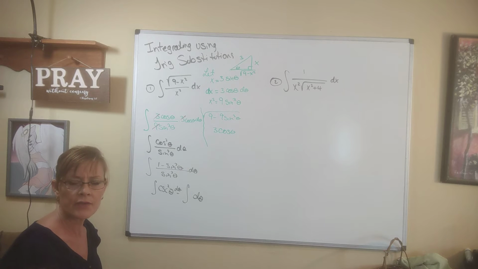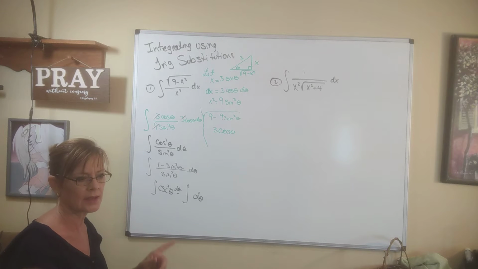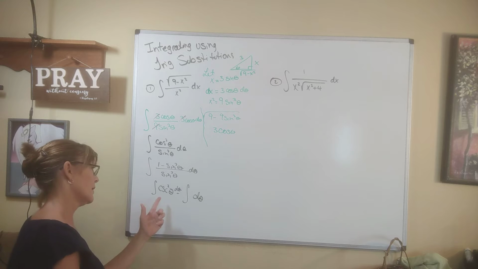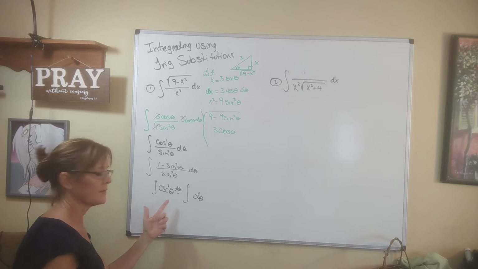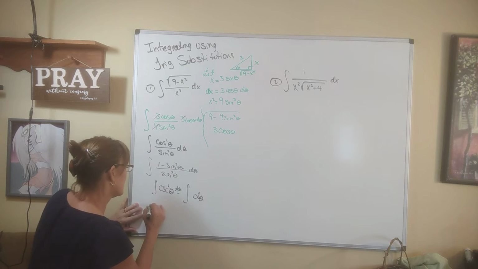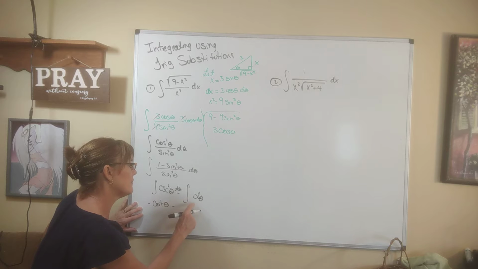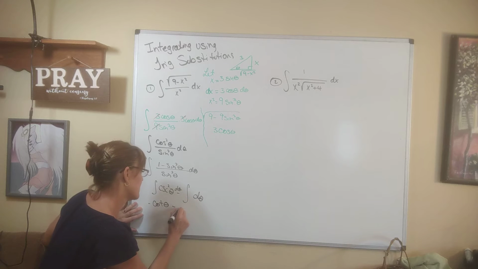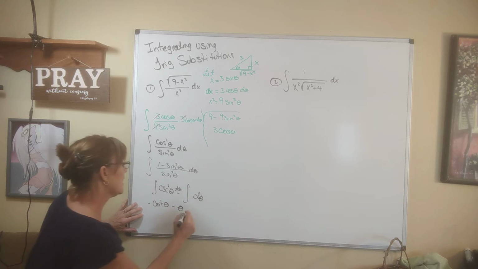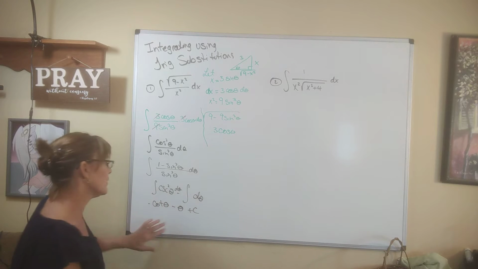The derivative of cotangent theta is negative cosecant squared theta. So this is different by a negative. So I can integrate this into negative cotangent theta minus the integral of 1, which is just theta, plus some constant. So we've done our integration.